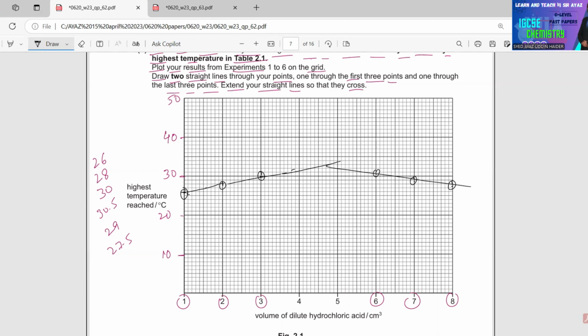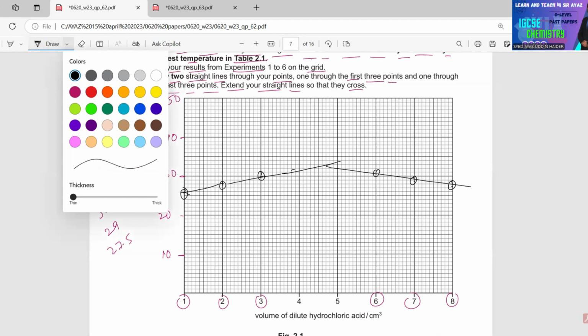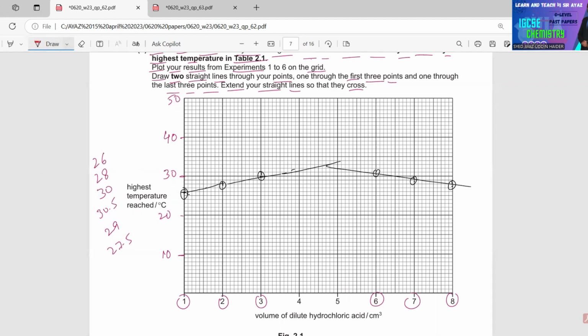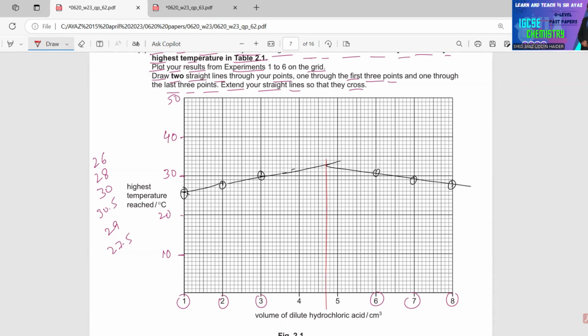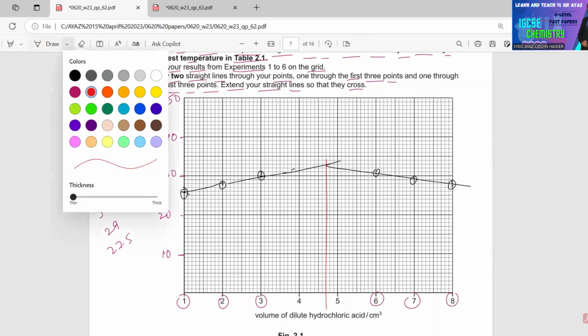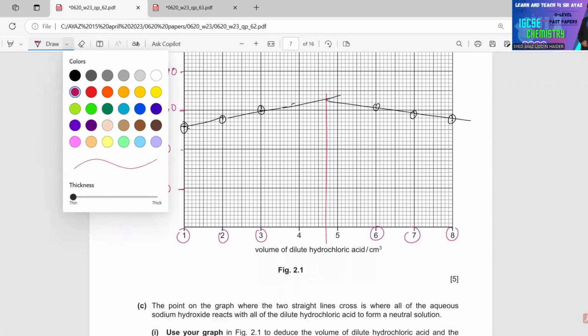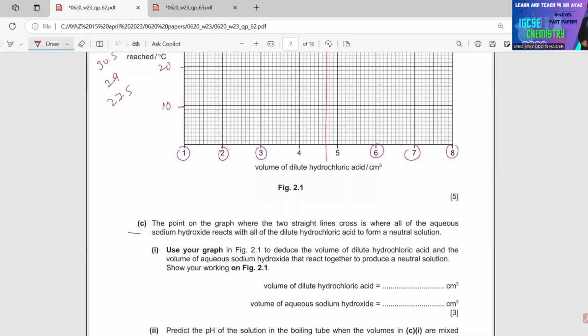See the intersecting point? The point on the graph where the two straight lines cross is where all of the aqueous sodium hydroxide reacts with all of the dilute hydrochloric acid to form a neutral solution.